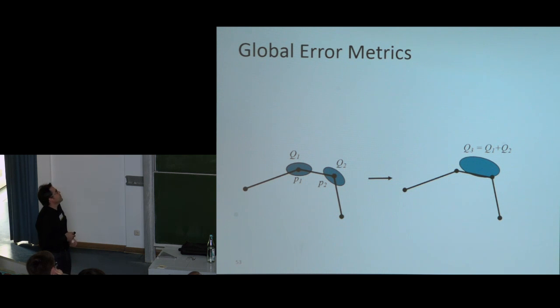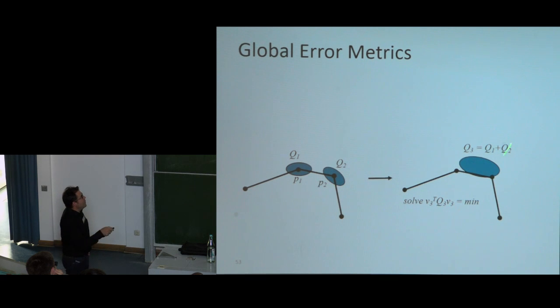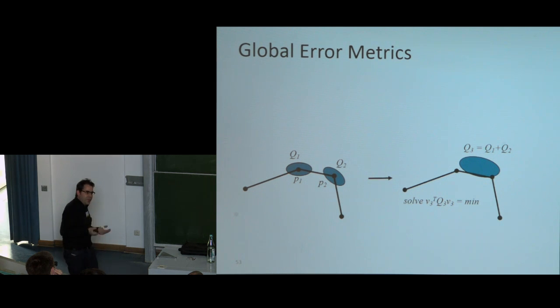And then here, typically, when you can invert this quadric here, then you will find the optimal point location that will minimize the sum of squares to these planes that were themselves the results of an accumulation.